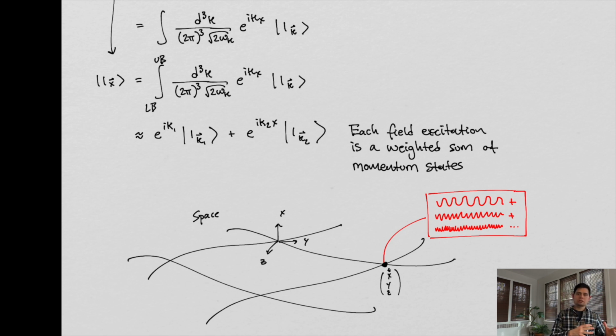So I mentioned how this explains the unintuitive fuzziness of space-time that we often hear from people like Brian Greene or Neil deGrasse Tyson, this idea that space is fundamentally fuzzy at the quantum level.